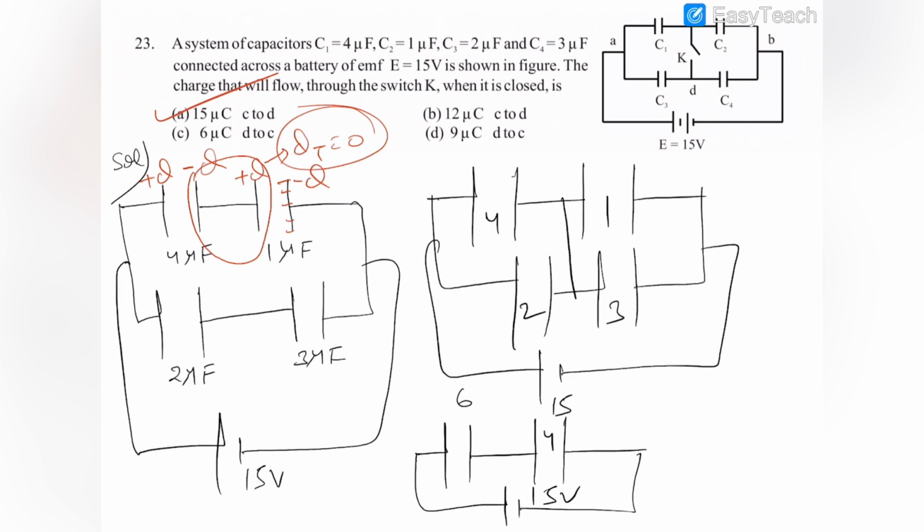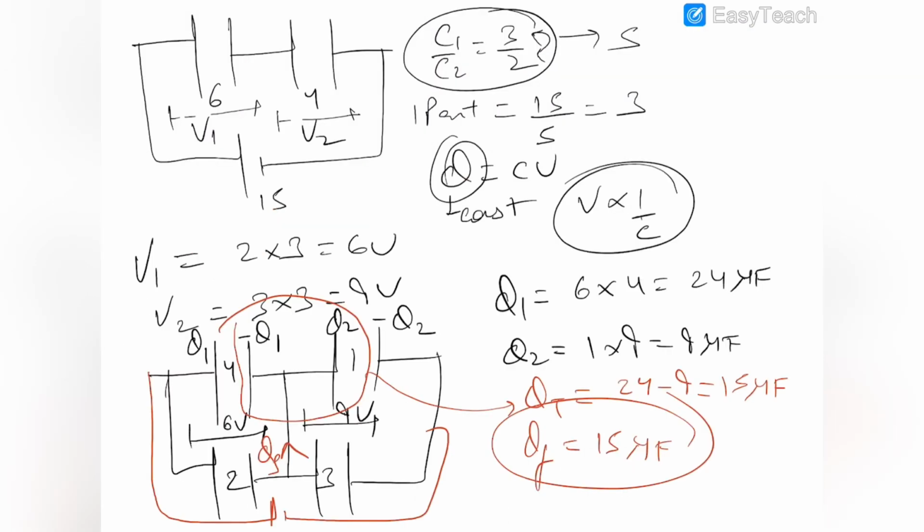And again, it is being asked that find the amount of charge that flows. So the amount of charge that has flown is this one, and you can see that this charge minus Q1 was this one, and this plus Q2 was this one.